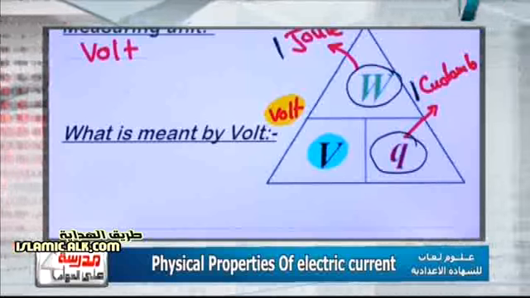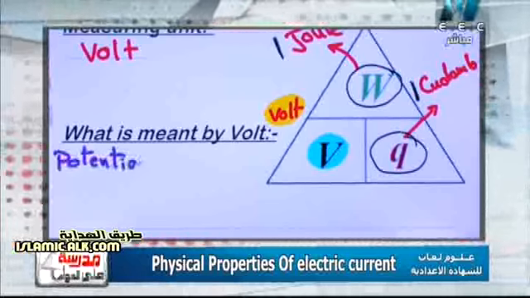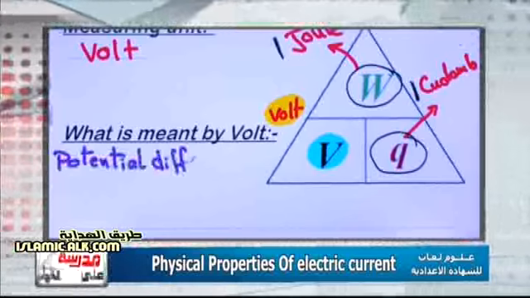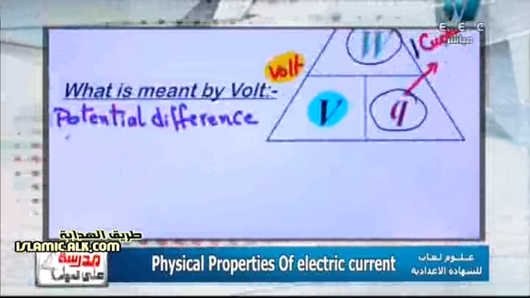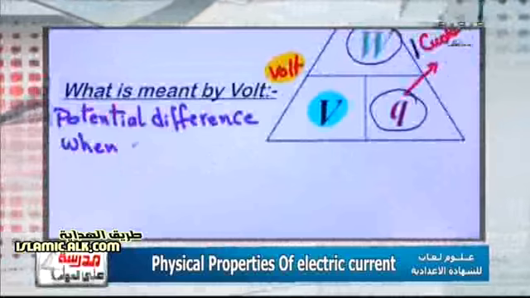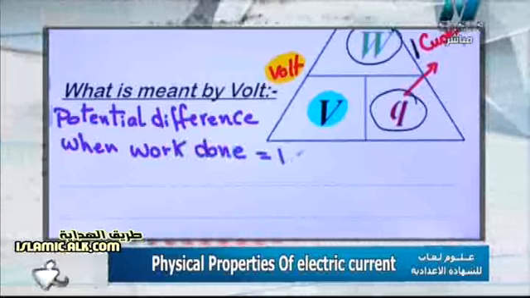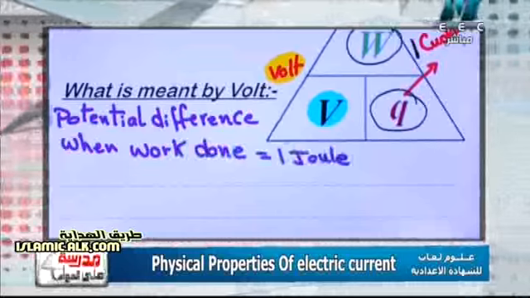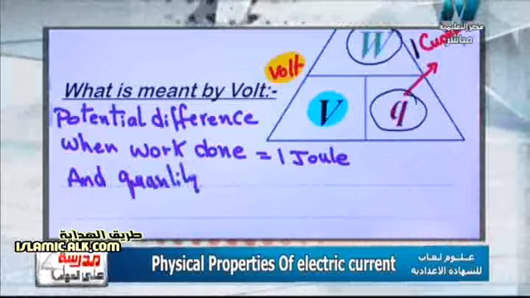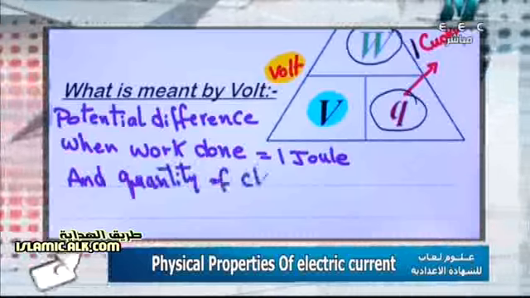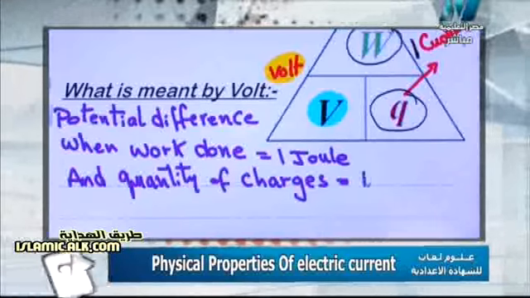It is potential difference when work done equals 1 joule and quantity of charge equals 1 what? 1 coulomb.